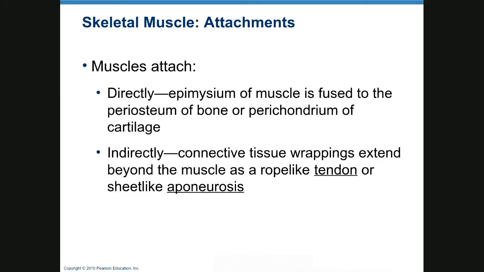Muscles can attach directly, as in the epimysium of the muscle is fused to the periosteum of the bone or perichondrium of the cartilage, or indirectly by rope-like tendons, or in the case of, for example, your abdominal muscles, a sheet-like structure called an aponeurosis.